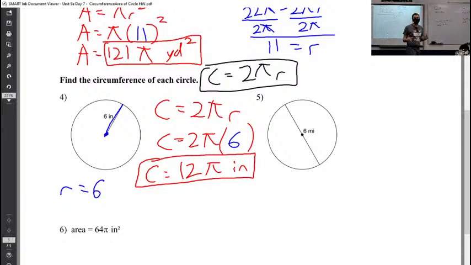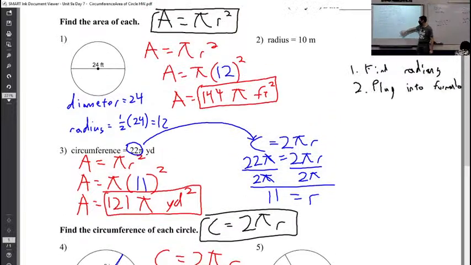In fact, that's how you can help with telling these formulas apart, because sometimes people confuse these formulas. Circumference is just in our units, our inches, yards, feet, all that kind of stuff. So it is not squared, so the formula is not squared.